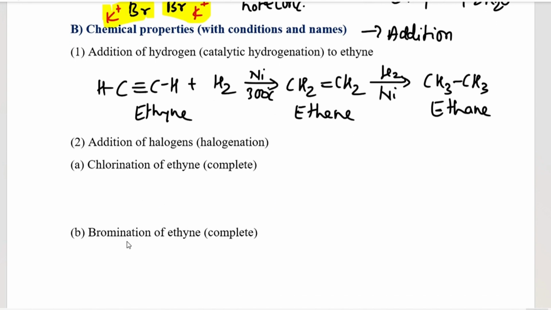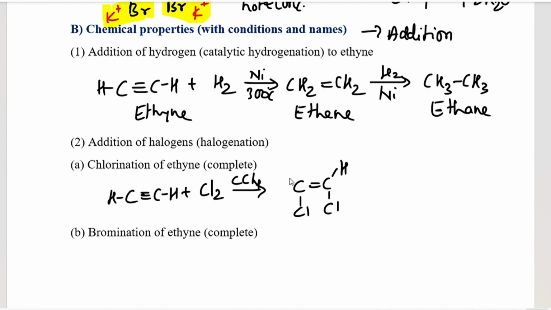Same way, chlorination and bromination. HC≡CH plus, once you do chlorination with Cl2 in CCl4, you will get CHCl=CHCl, with Cl, Cl, and H and H remaining as such.